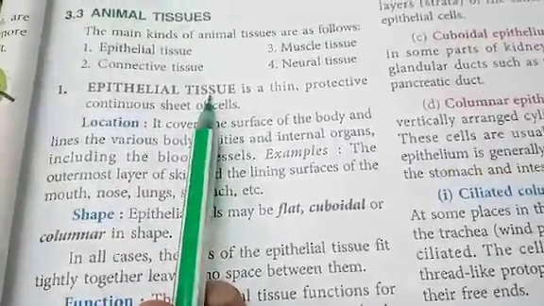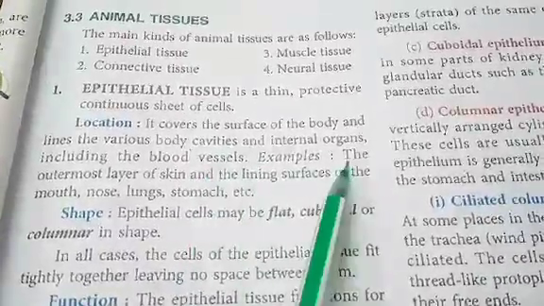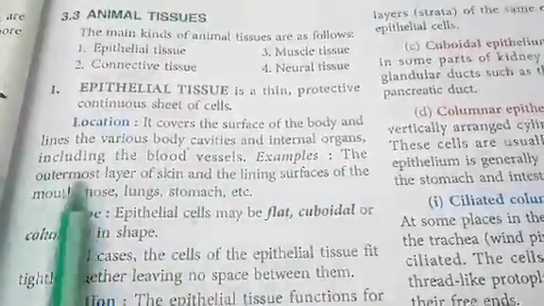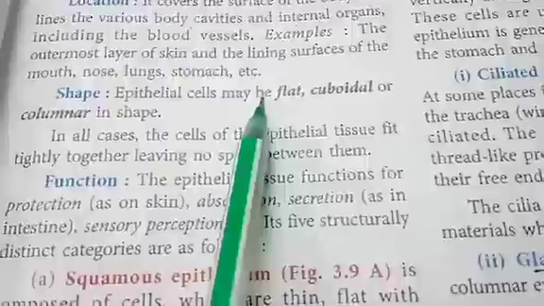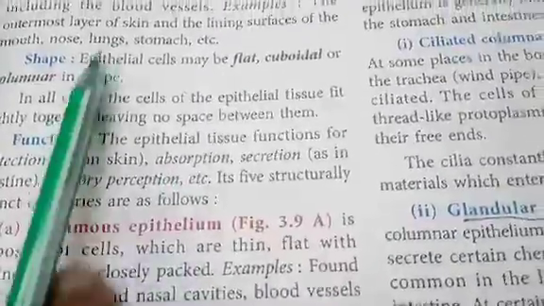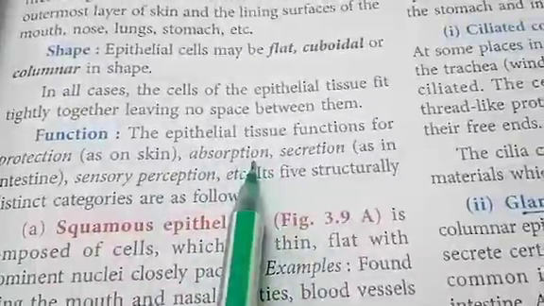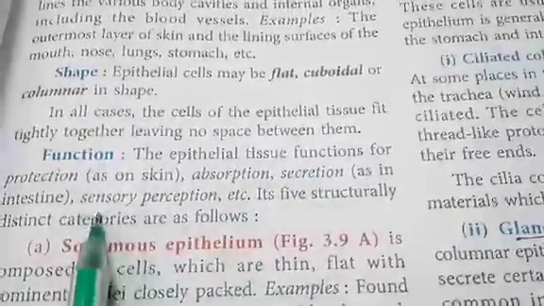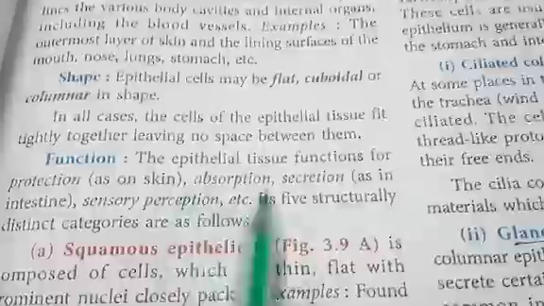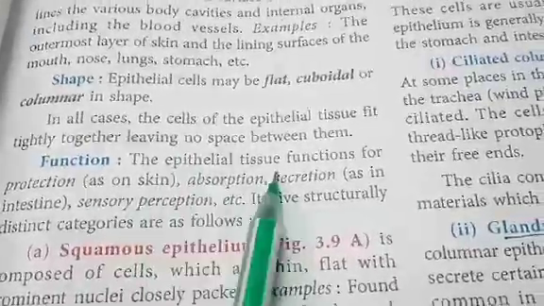The location is the outermost layer of skin, and as they form the outermost covering, their function is they help in protection, absorption, secretion, sensory perception. Please underline all these and learn it by heart.